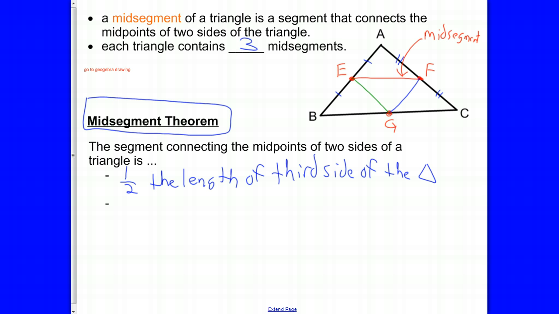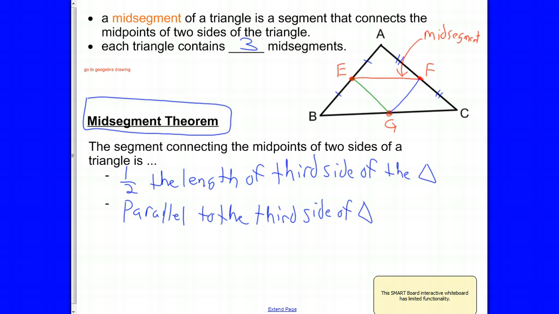And the other property was that the mid-segment is parallel to the third side of the triangle. Okay, so that mid-segment is half the length of the third side and it's parallel to that third side. That's our Mid-Segment Theorem. That's the property that we want.